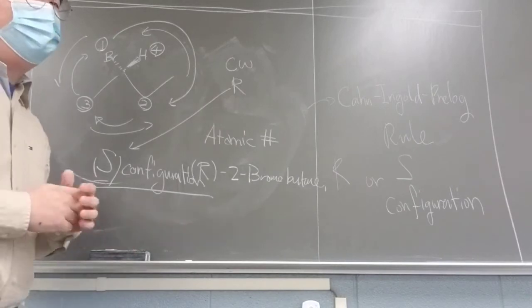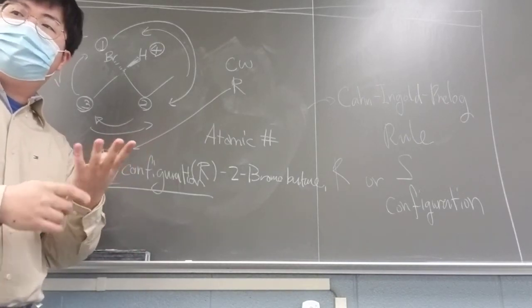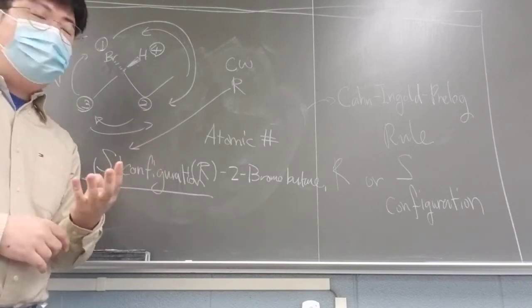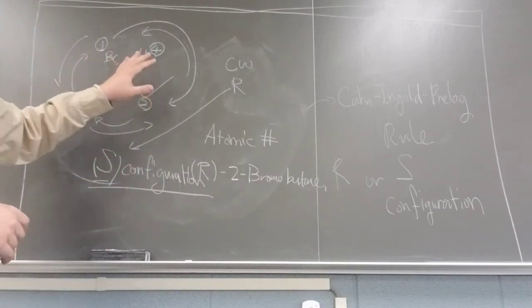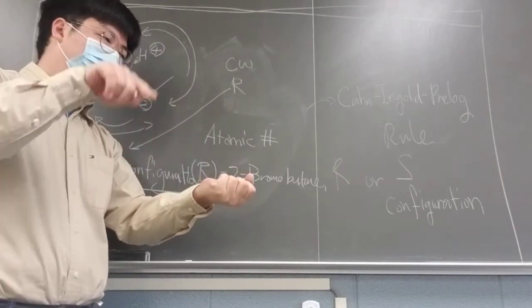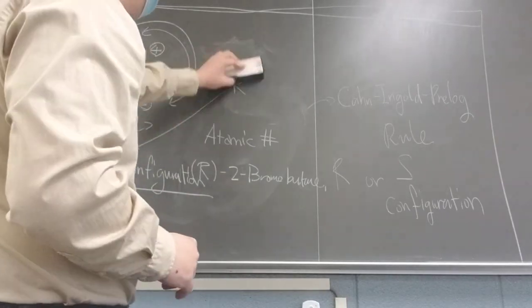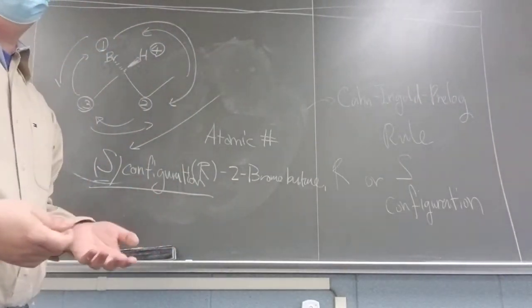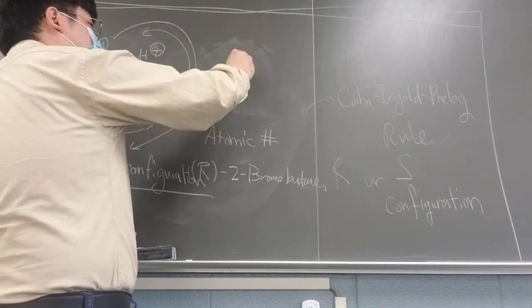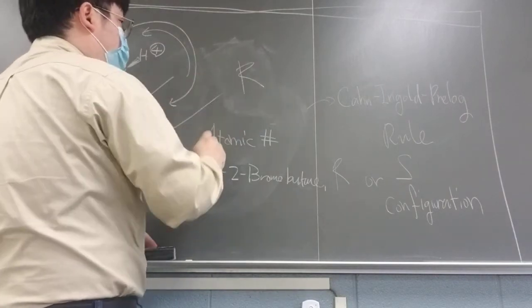So most of the time you're going to see the number 4 group, which should most likely be hydrogen, either on the back or on the front. So if it's on the back, just count the prioritized groups 1, 2, 3, and choose. One trick I can tell you is, I don't know how you write the R, but I write it in this way. So do you see this?